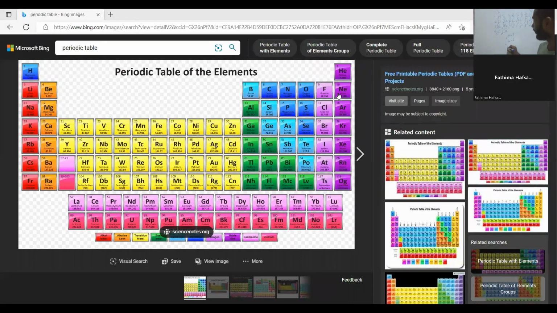Next one, lithium. What is the atomic number of lithium? 3. Yeah, 3. Then how many electrons can be found in the first shell?